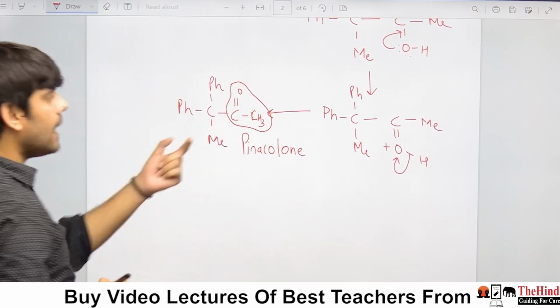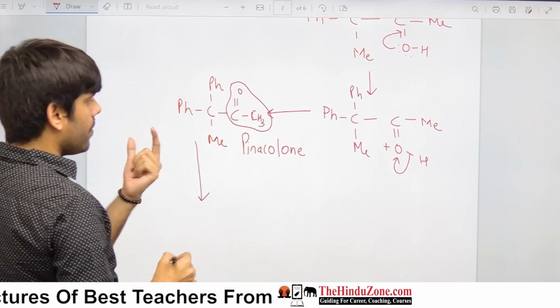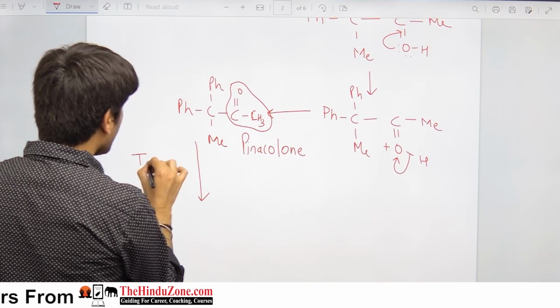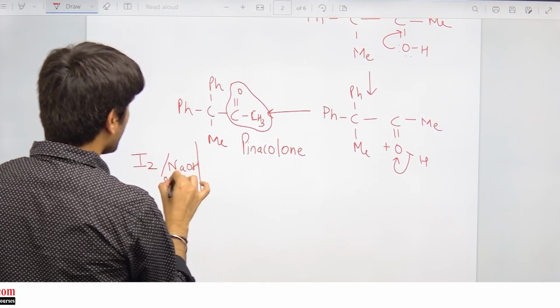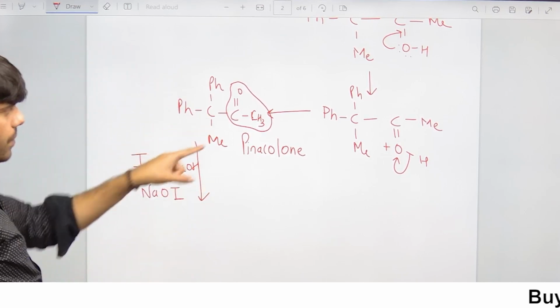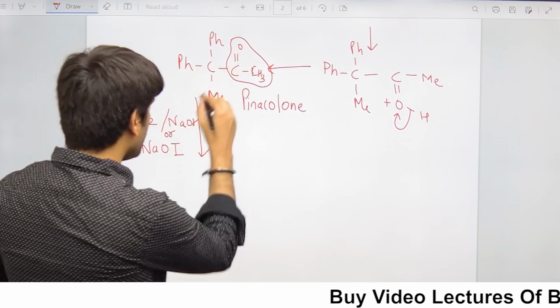This is your methyl ketone, and methyl ketones give a positive iodoform test. So suppose I have iodine in the presence of a base, NaOH, or I can also write it as sodium hypoiodite, right? So this is your iodoform reaction.